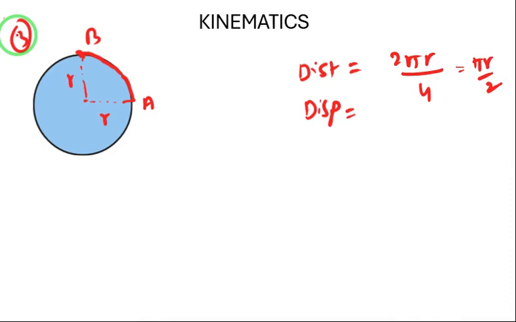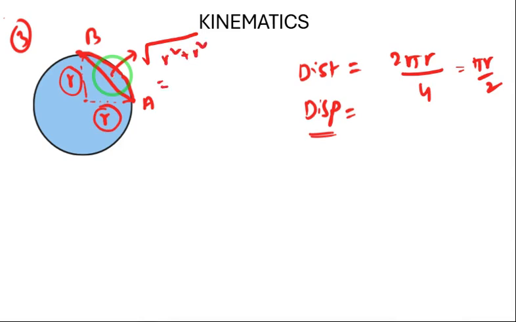In case of displacement, it is the shortest path between initial and final position. This is the initial point and this is the final point. Just join these two, I just joined this A and B. It's not like a straight line, just imagine. Okay, don't worry. So get this AB. Based on Pythagoras, hypotenuse equals the square root of base square plus opposite square, that is root over r square plus r square, root over 2r square.